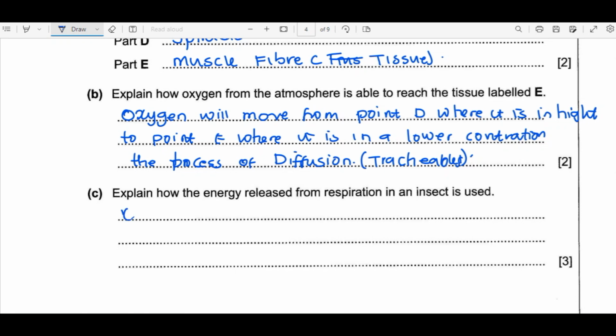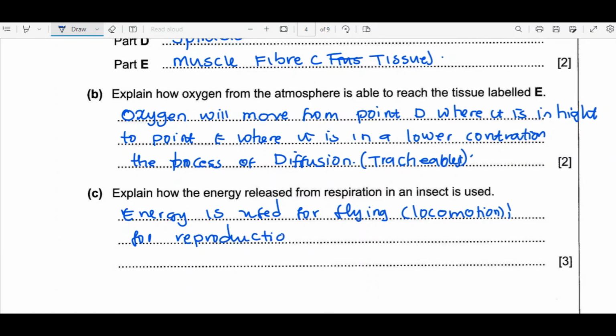So say energy is used for flying, which is locomotion, then for reproduction, and for metabolic reactions.